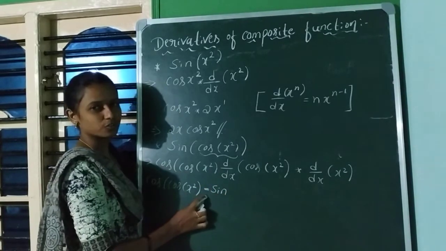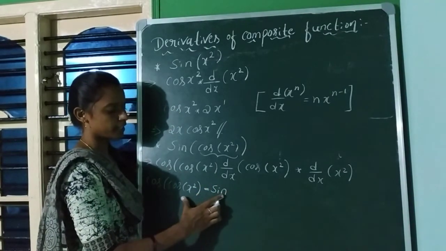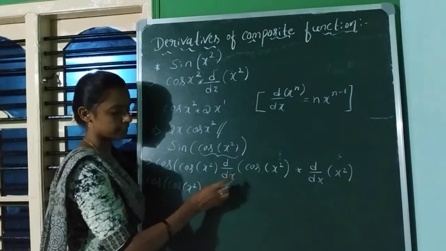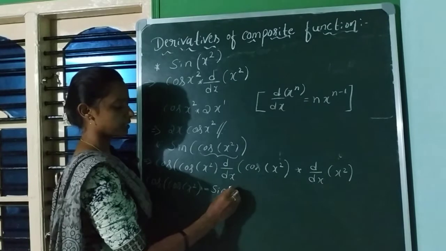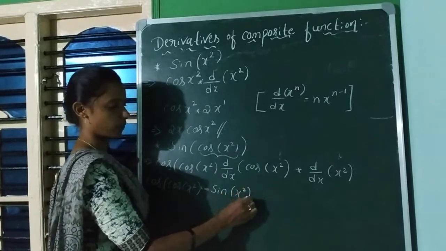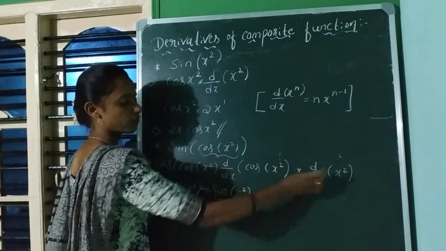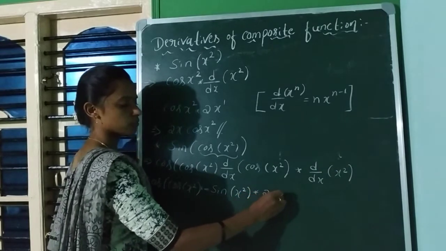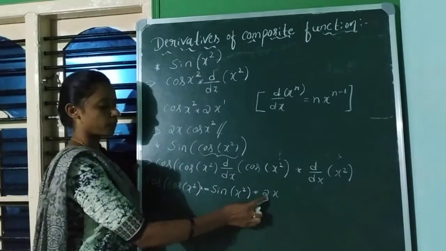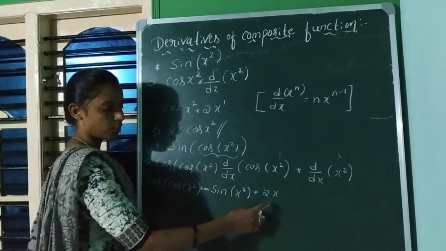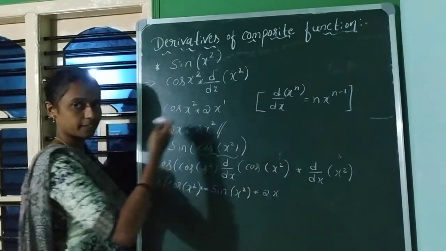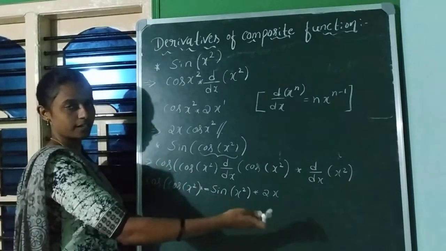While writing you should be careful, and this is not like 2 terms. It is the derivative of minus sine. It is like a product. So minus sine of x square. Next, the derivative of x square is 2x. If any negative is there, write it first, and if any constant or variable is there, write it first, then write the function at last.